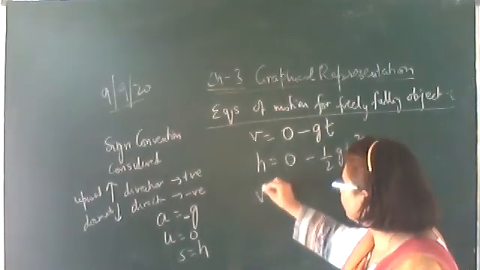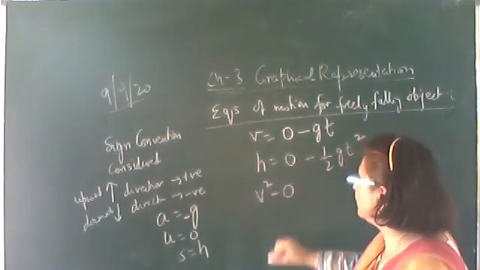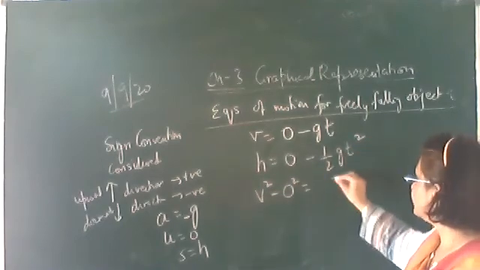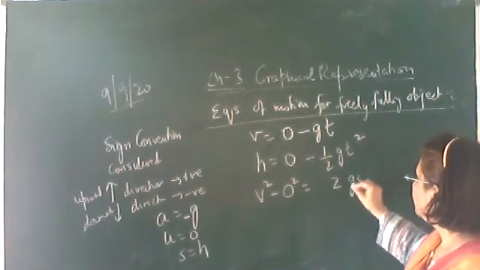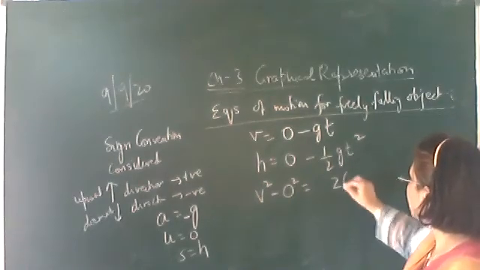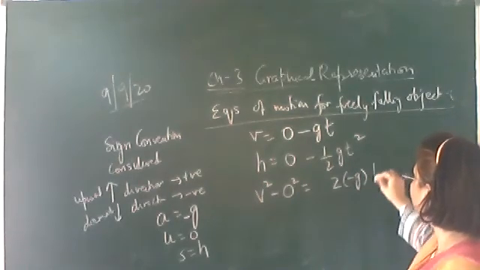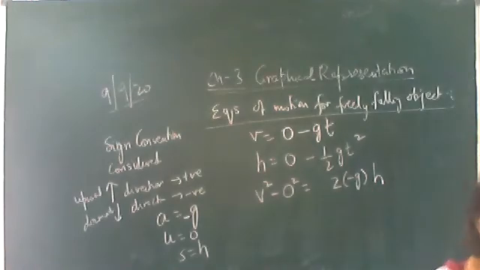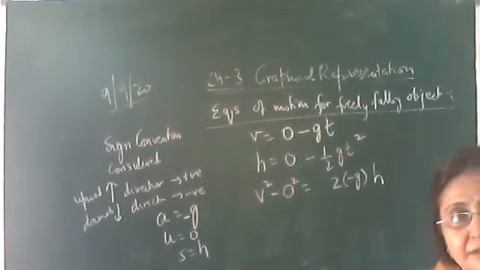Whereas the third equation of motion is v square minus u square, where u is 0, equal to 2 a s. g also we take as negative, minus g into s, where s is the height. V square is equal to minus 2g into h. Okay, so these are the equations of motion for a freely falling object.